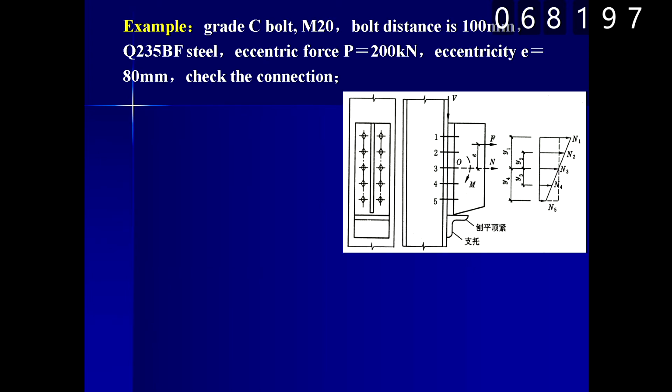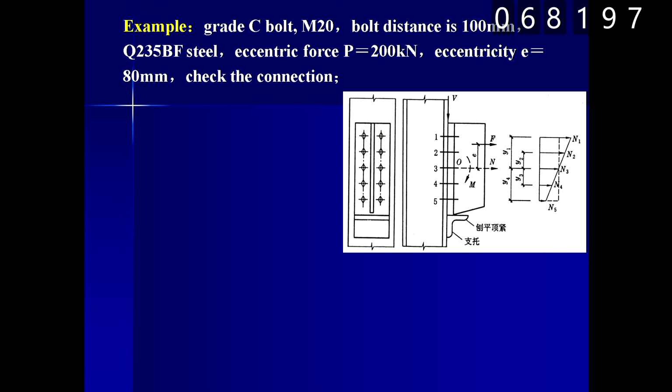Now we can see how to do the case. You can see a bolt M20 applied on here. Try to think about how to do this case. Bolt distance is 100 millimeters.